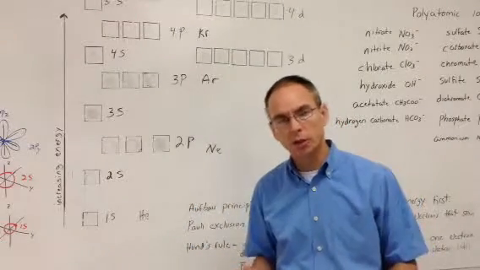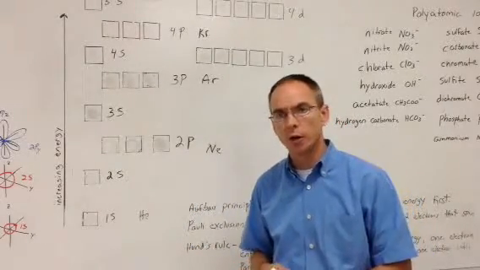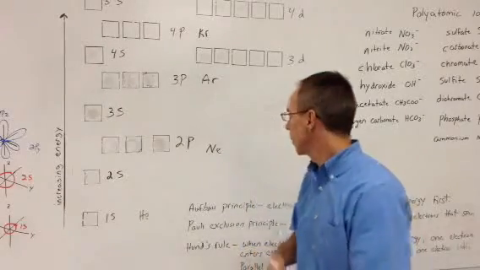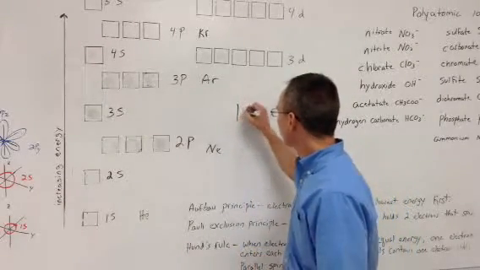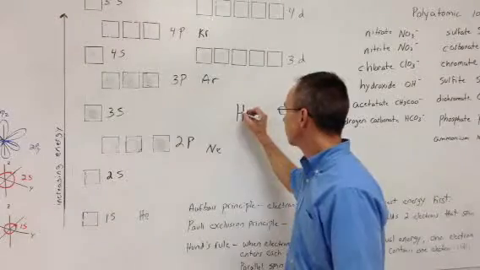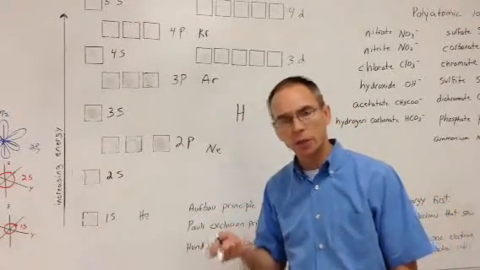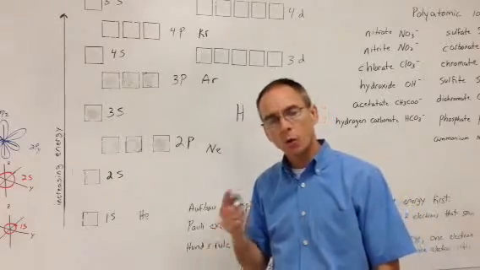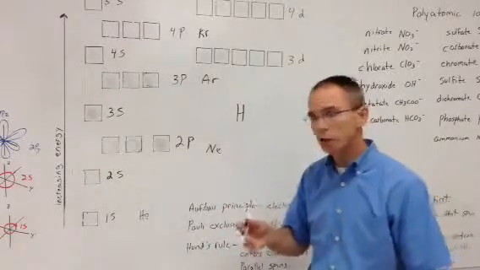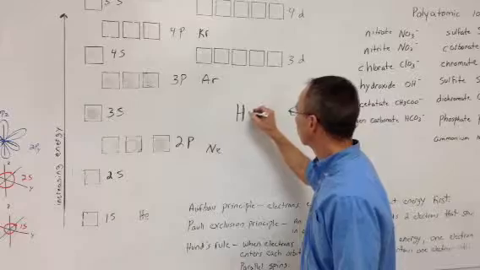Let's just look at some of the diatomic molecules, like hydrogen. Hydrogen in nature exists as H2, two hydrogens bonded together, because they're more stable that way. If I draw the Lewis dot structure for one hydrogen, it would look like this.